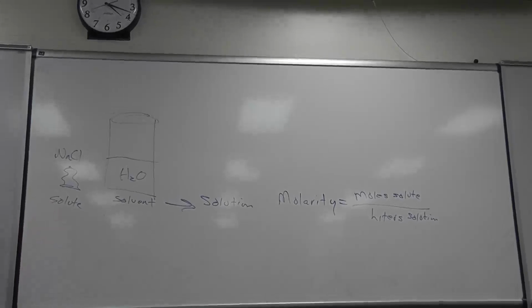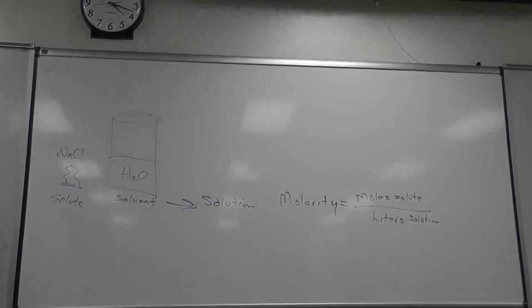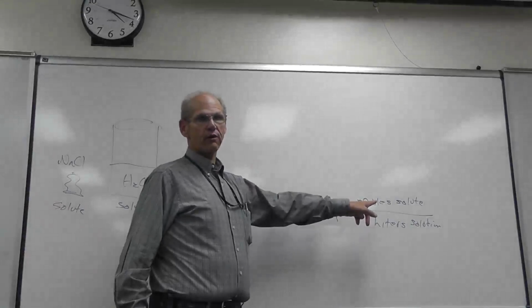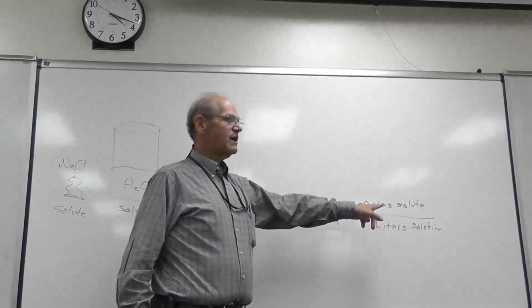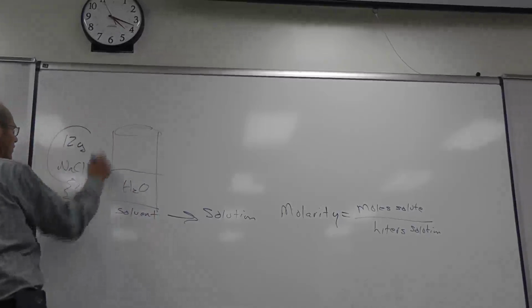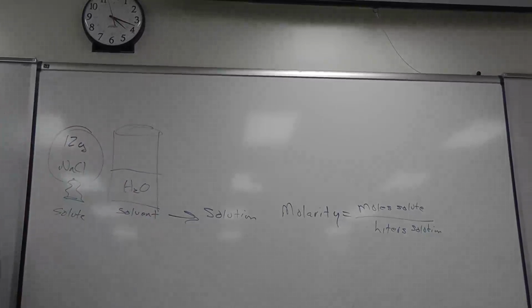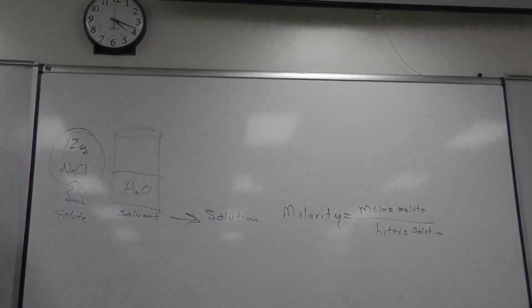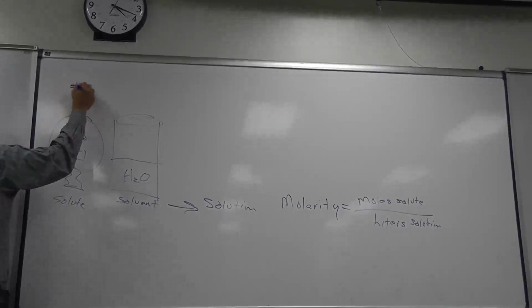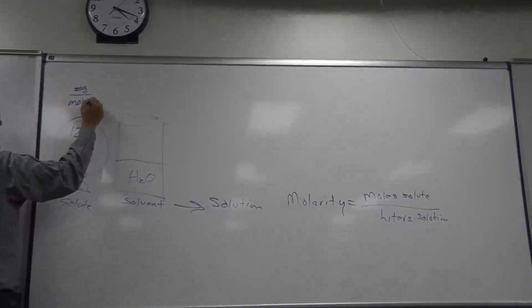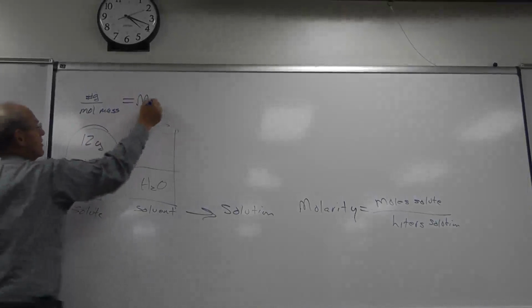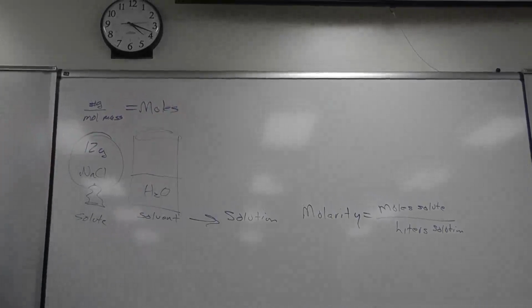Now, one piece of information that sometimes people forget: how do I calculate moles? If I had 12 grams of sodium chloride, how would I calculate the number of moles? You take the number of grams and divide it by the molar mass, and that's equal to the number of moles, correct?